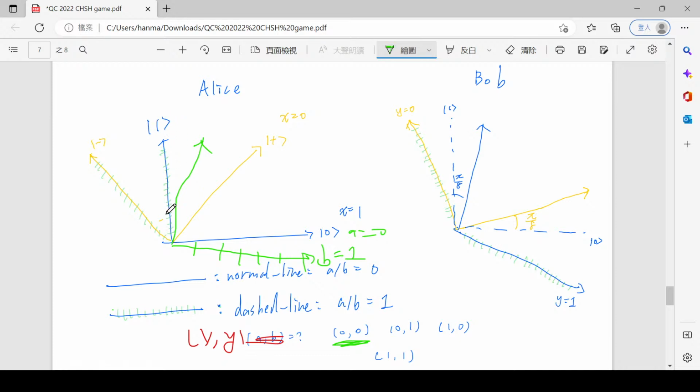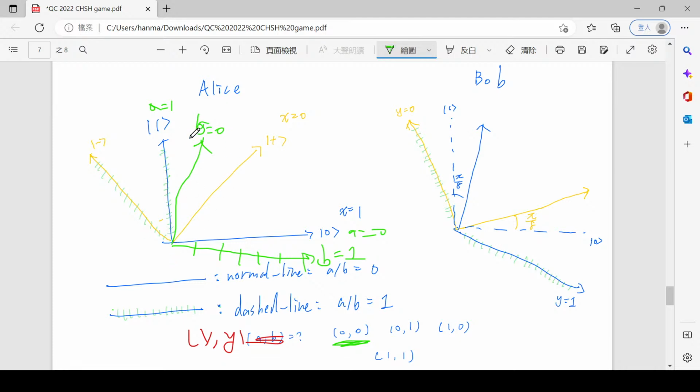On the other hand, if Alice gets A equal to 1 here, then with high probability Bob gets this, B equal to 0, right? Because Bob doesn't have the dashed line here. So this is when Bob outputs B equals 0.